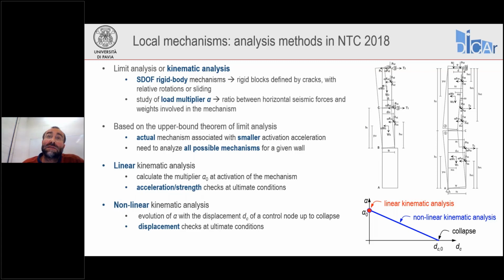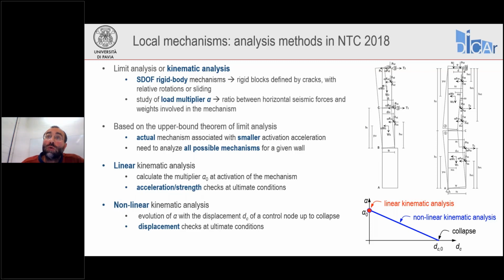Then once the mechanism activates, there will be out-of-plane displacement of the wall. And before reaching an unstable condition, this displacement could be quite large. If you want to investigate this behavior after activation of the mechanism up to collapse, which corresponds to displacement DC0, this is the displacement of a control node of the mechanism.